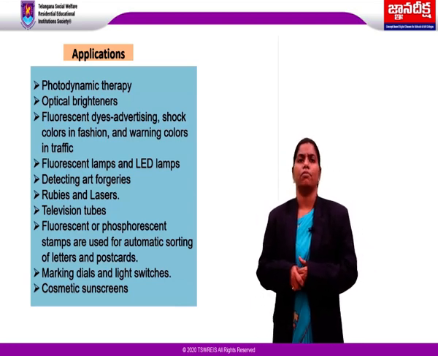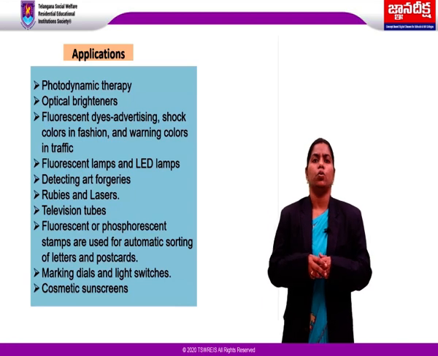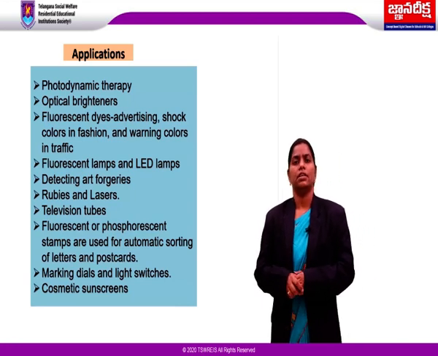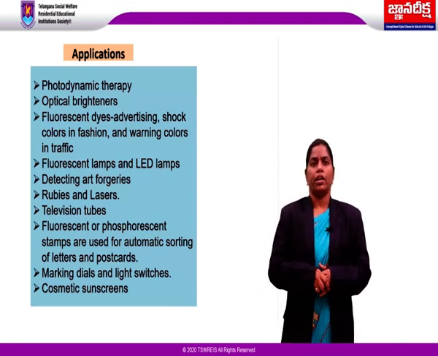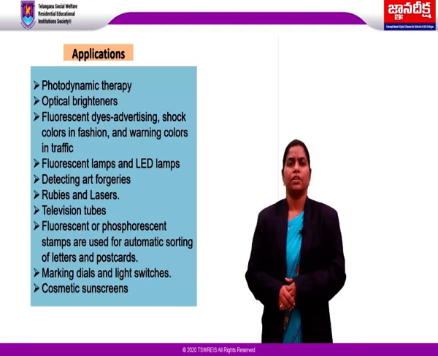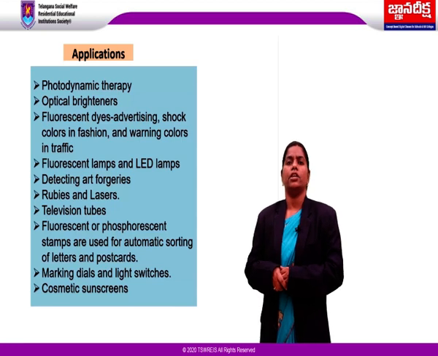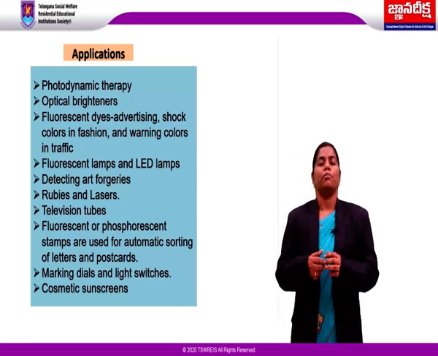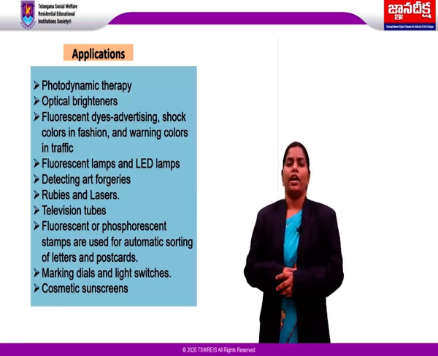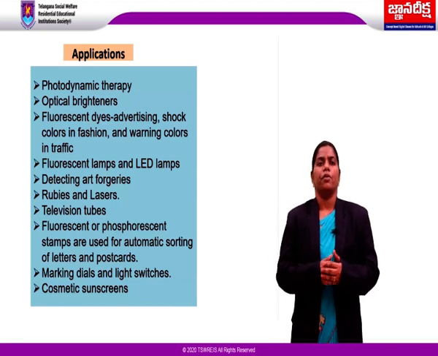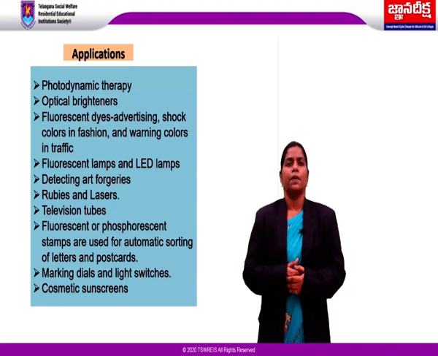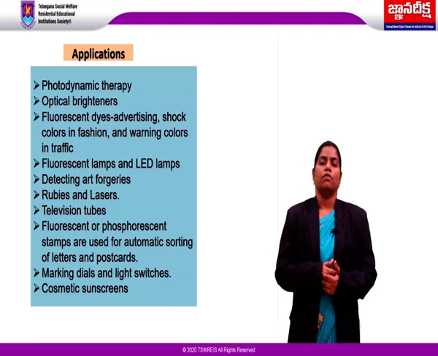Coming to the photophysical processes, we have seen two important ones: radiative decay and thermal decay. Radiative decay is a process where de-excitation of the molecule takes place by emission of energy in the form of light. Thermal decay is a condition where de-excitation takes place by the emission of energy in the form of heat.